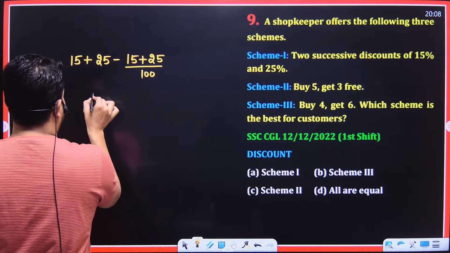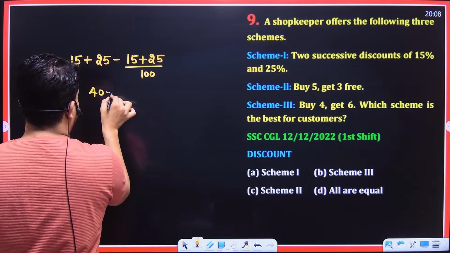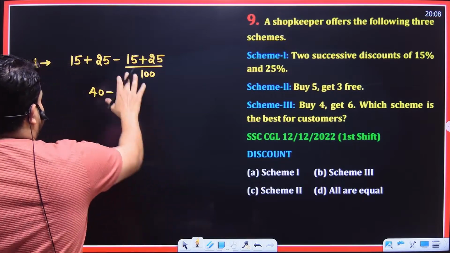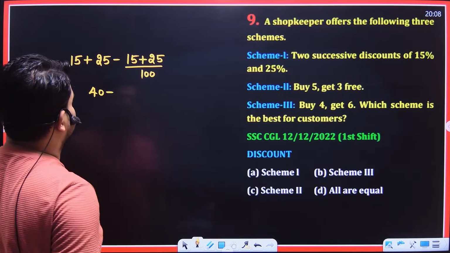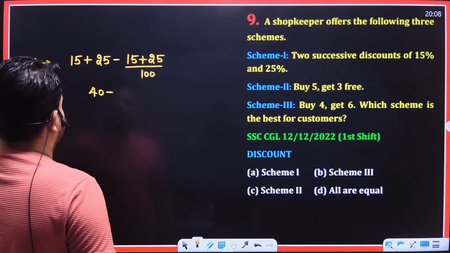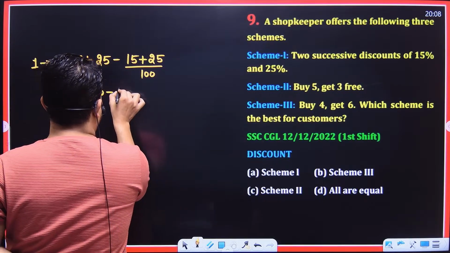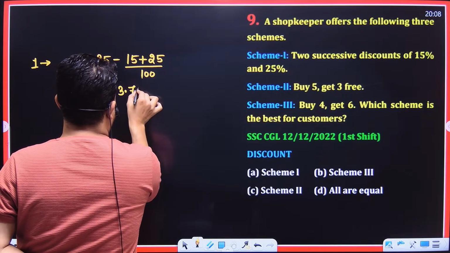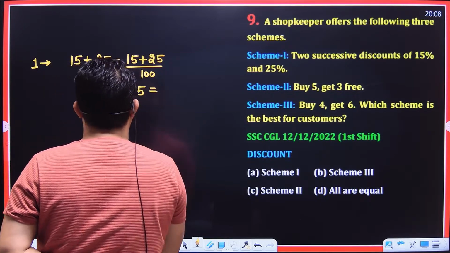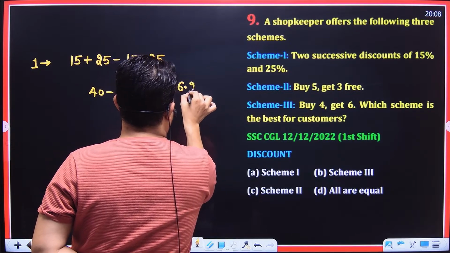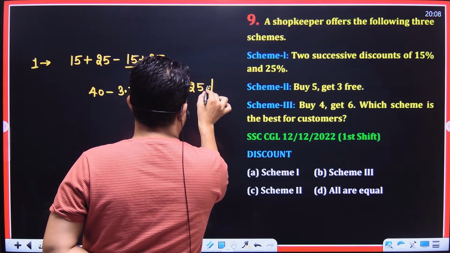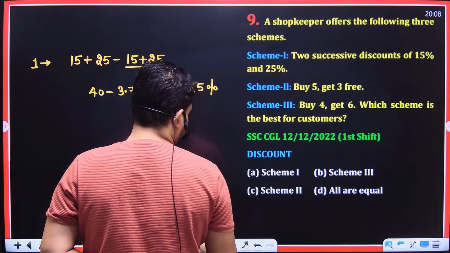What I have: 40 minus 375 upon 100, this one is equal to 3.75. So this one will be equal to 36.25%. This one is the discount in scheme first, 36.25.